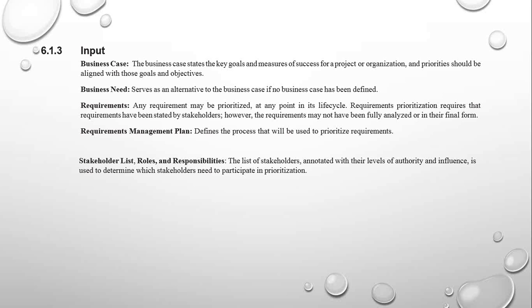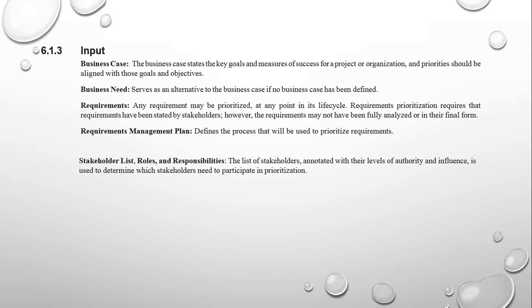In the previous chapters we have studied about the business case, business need, requirement, what exactly a requirement is and how it works, the requirement management plan, and stakeholders.